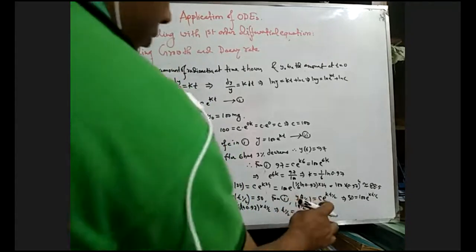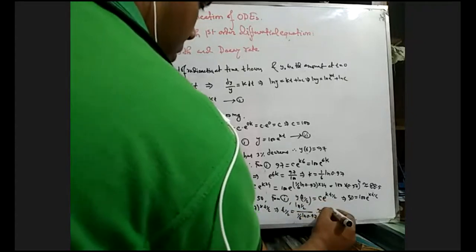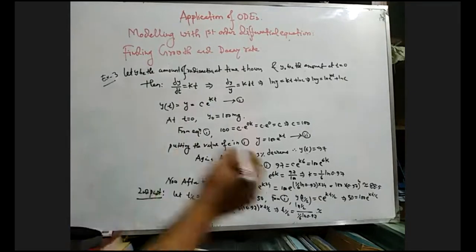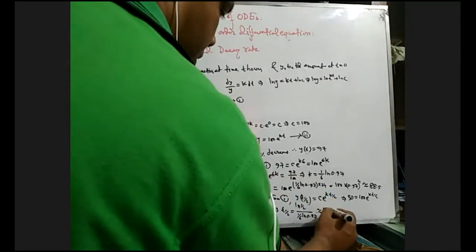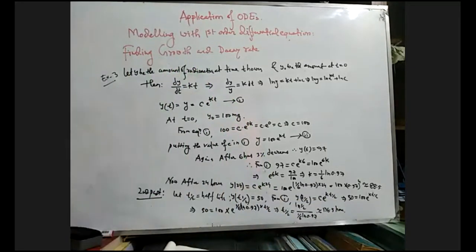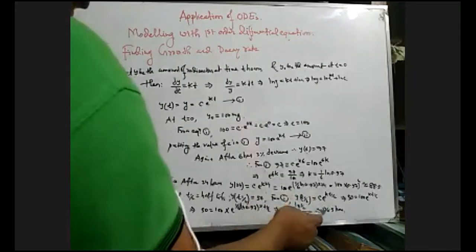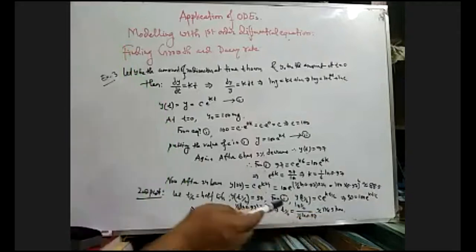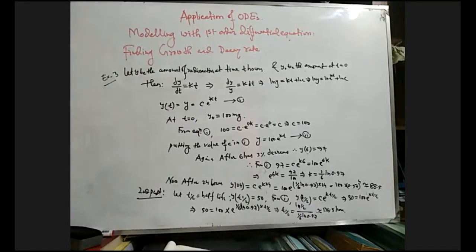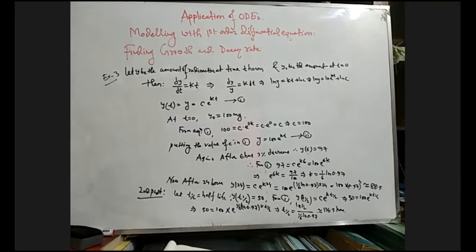We get an approximate value. T half will be 136.5, maybe, 136.5 hours. So the half life of the radioactive substance will be 136.5 hours. So very interesting example for finding the growth and decay rate for the modeling of first order and first degree differential equations.